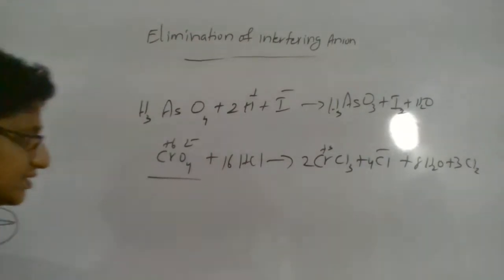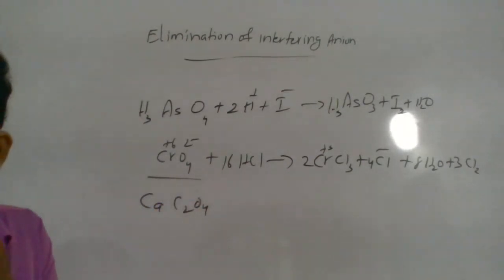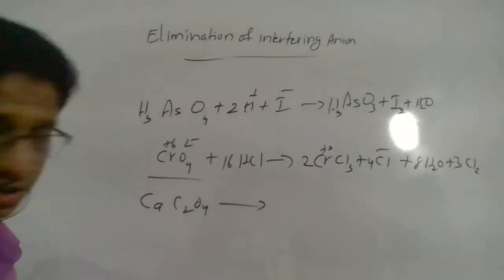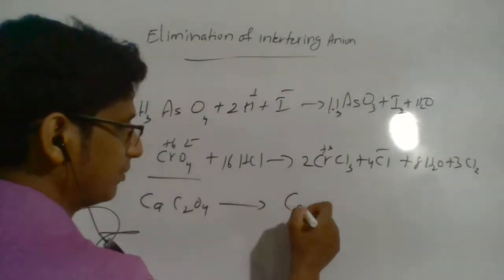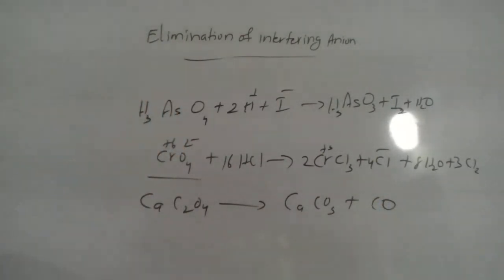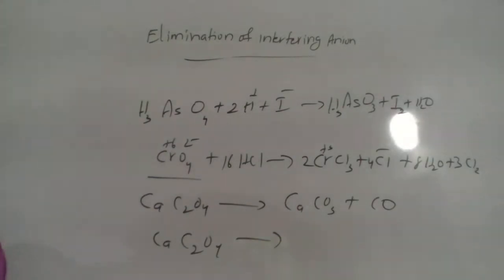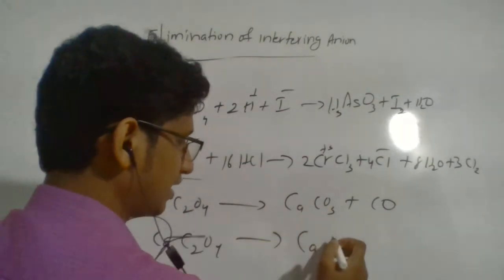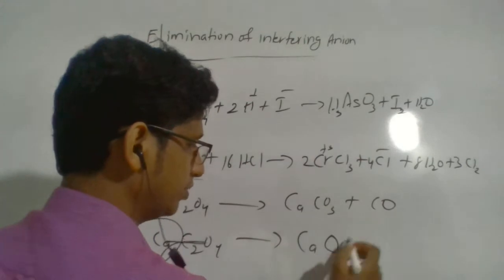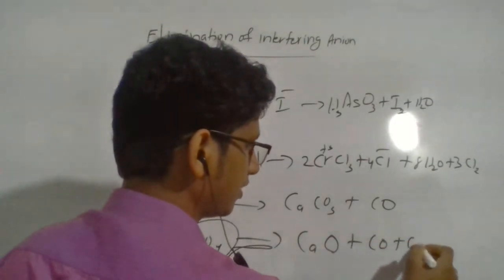Let me write the reaction. CaC2O4, calcium oxalate, when you heat it strongly, is converted into calcium carbonate and carbon monoxide will be eliminated. Or another way you can think, if you heat strongly enough, calcium carbonate can decompose and calcium oxide will be formed and carbon monoxide and carbon dioxide will be eliminated.